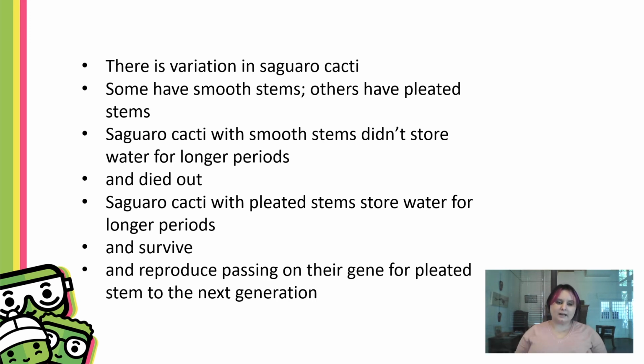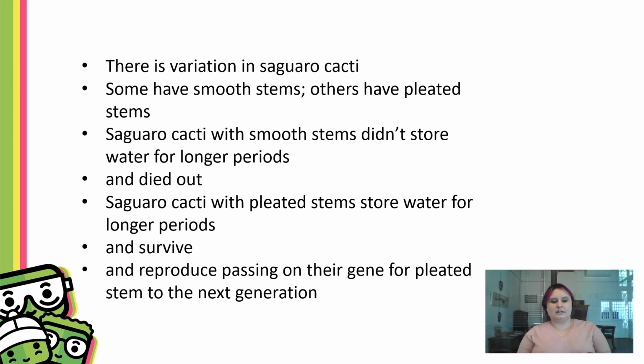And so over time, we're going to see more and more individuals in the population having a pleated stem as opposed to a smooth stem. So this is the idea of natural selection, where a genetic characteristic, in this case pleated stems, gives you an advantage, better allowing you to survive in a particular environment. In this case, pleated stems work better in a drier environment because those individuals are able to store the water for a much, much longer time.